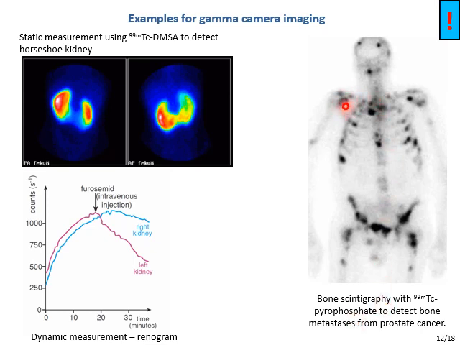If a high amount of pyrophosphate is present, then it implies that very active bone rebuilding is taking place, and the most likely explanation for this is a cancer metastasis.